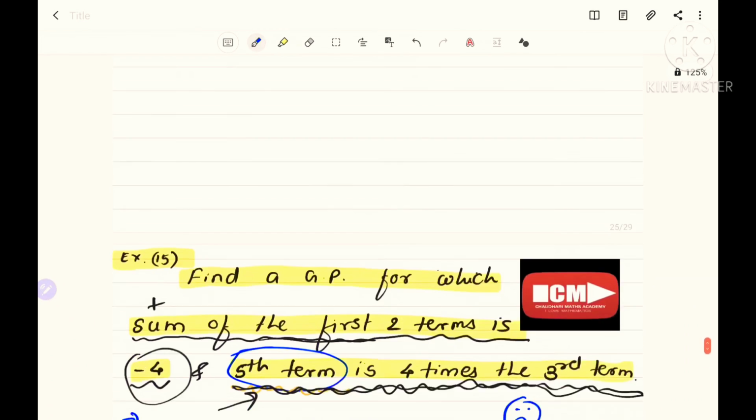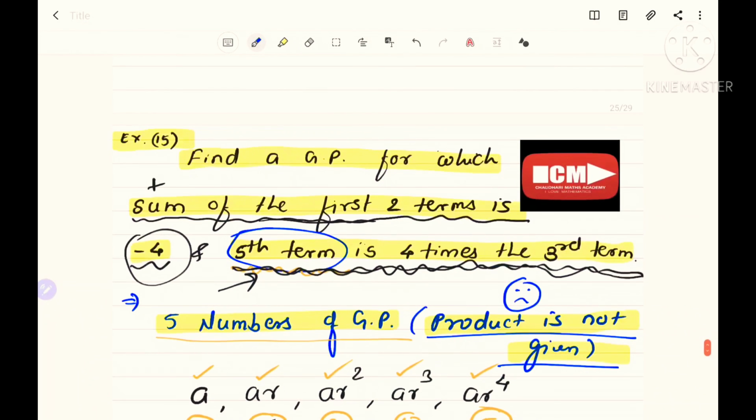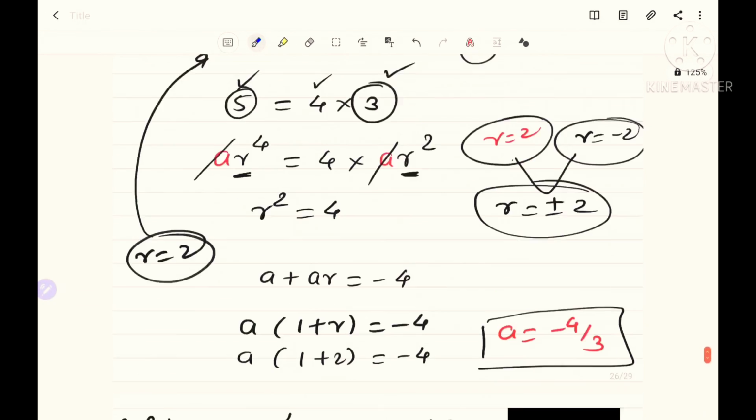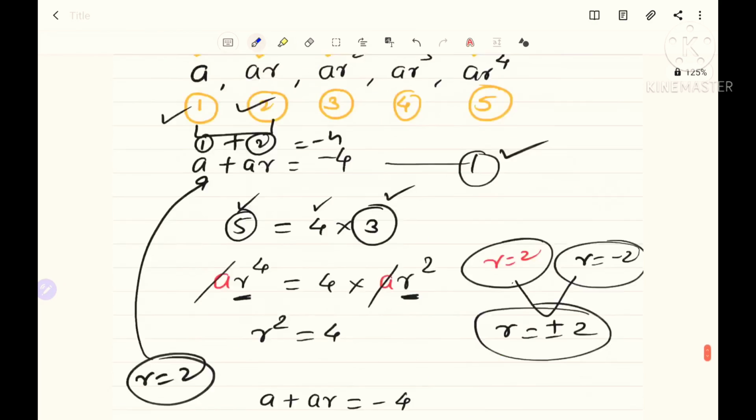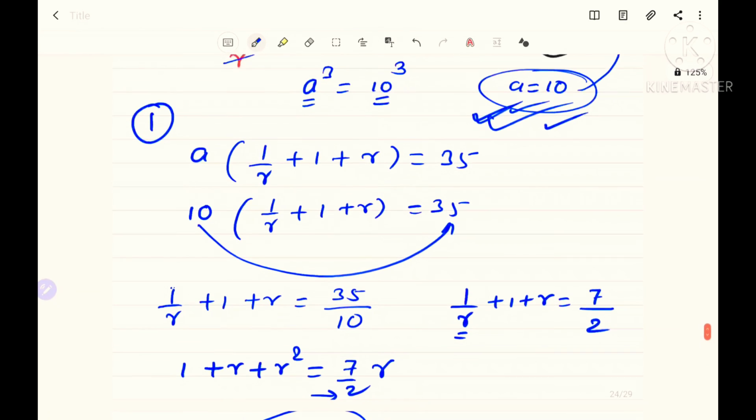I hope you got this particular question, example number 15, which is totally different from the 13th and 14th cases where the product was given; in example number 15 nothing was given. So friends, I hope with these 15 examples on geometric progression you will get an entire idea about it.